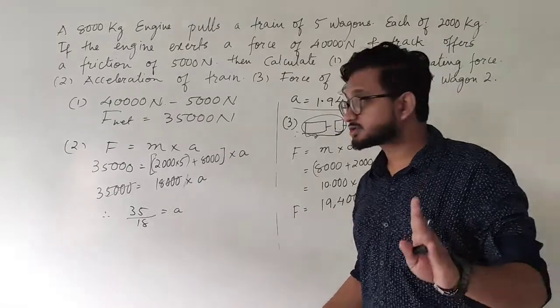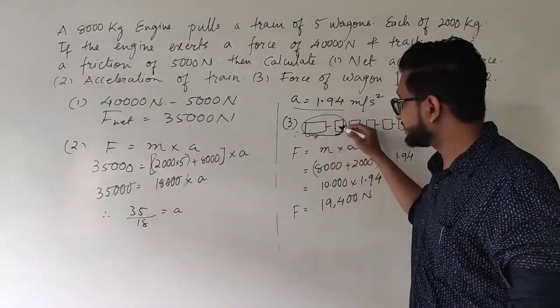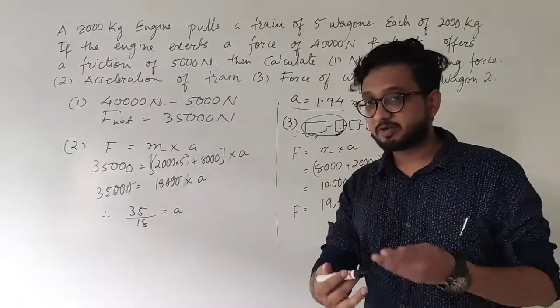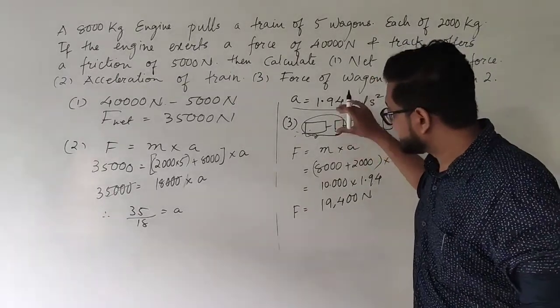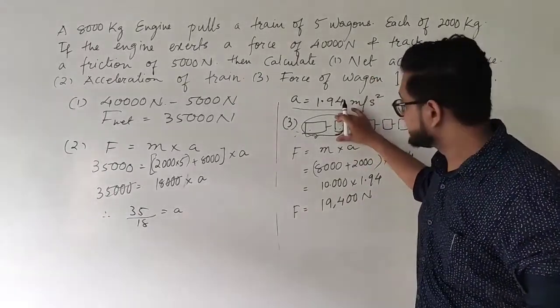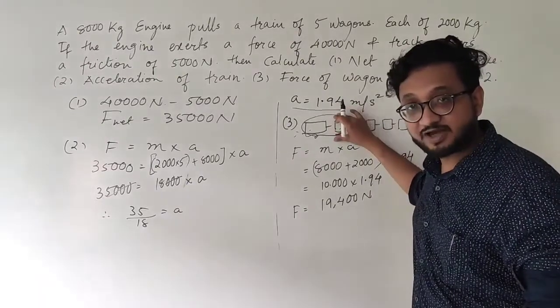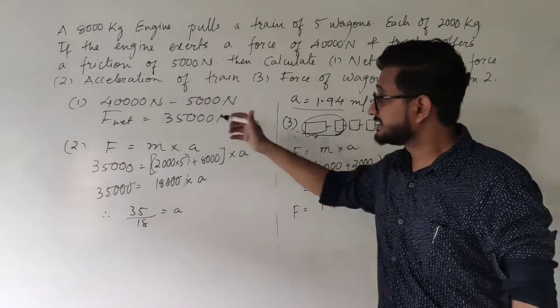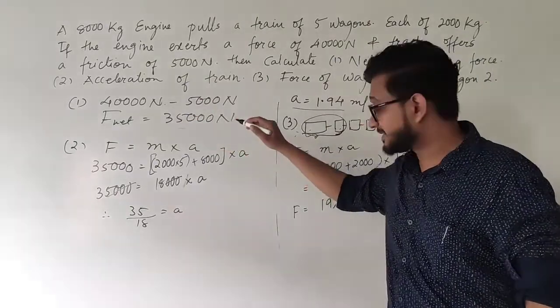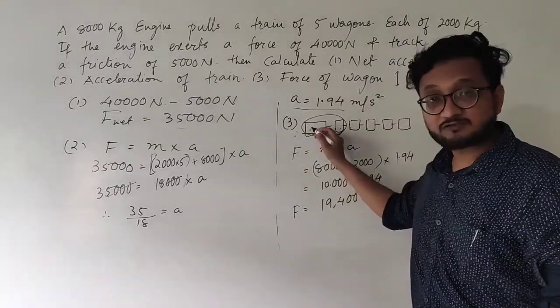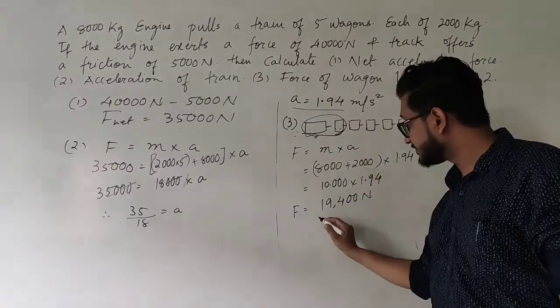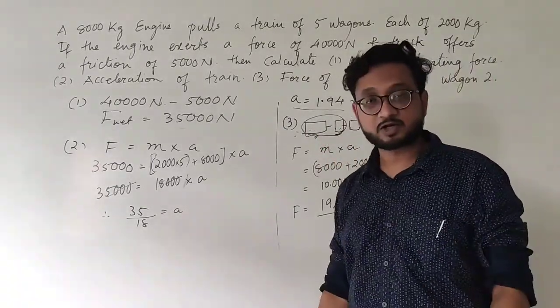So the force on the engine and the wagon alone is 19,400, and like we did before, when we subtracted just the 7,000, the force of the wagon, from the total force. Similarly, now the total force is 35,000 newtons, same as before, but we have included the mass of the engine as well. So with the engine and wagon included, we have 19,400.